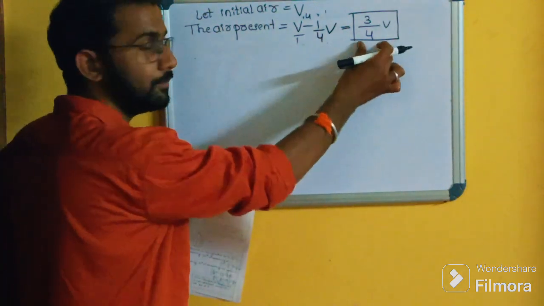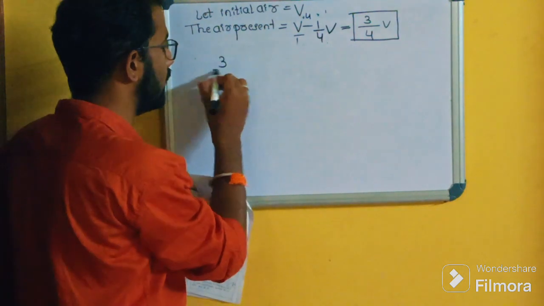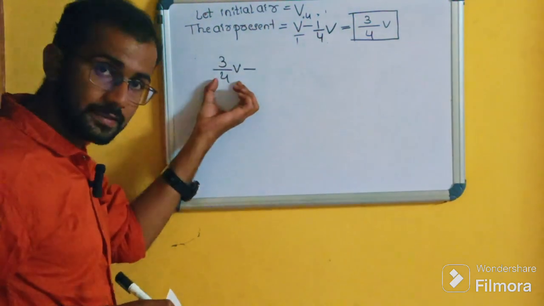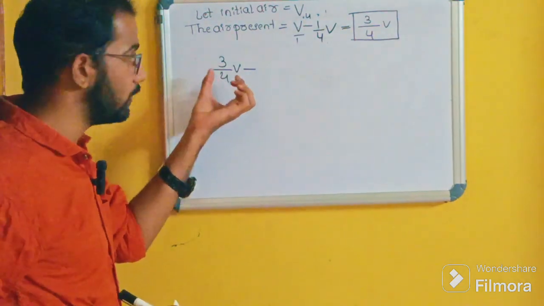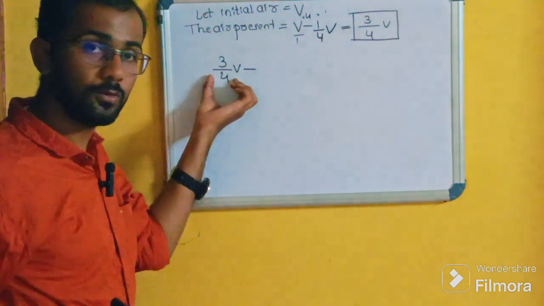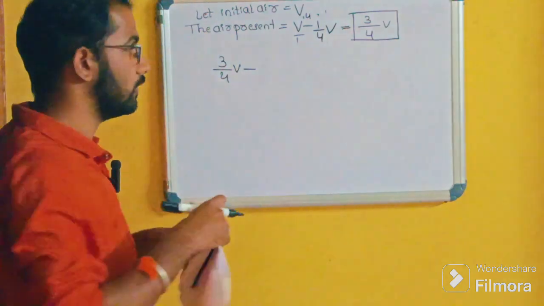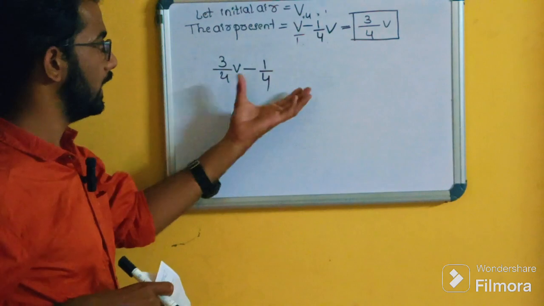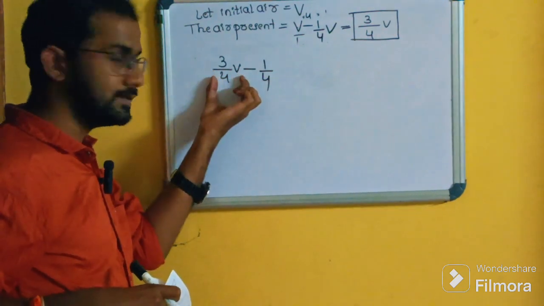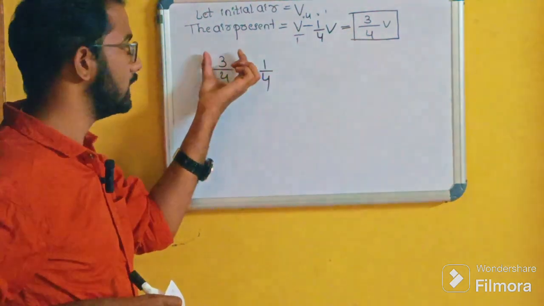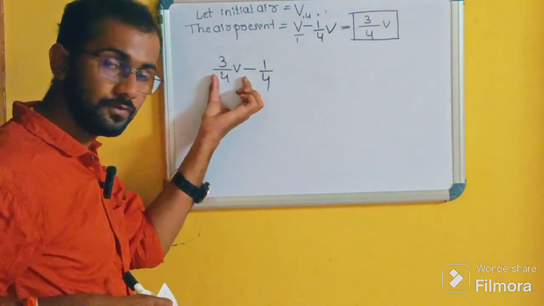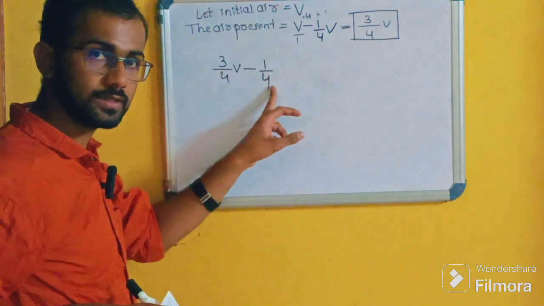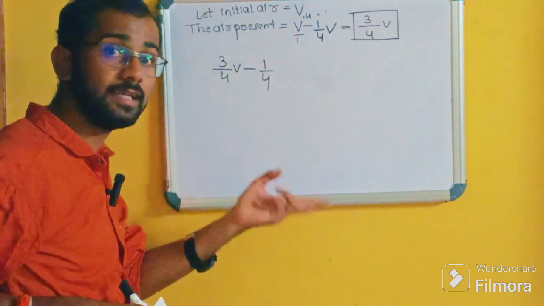So this is the present air, 3 by 4 V. From this air we need to remove again 1/4 using the vacuum pump. From this 3 by 4 V of air, we need to remove 1/4 of the remaining air.